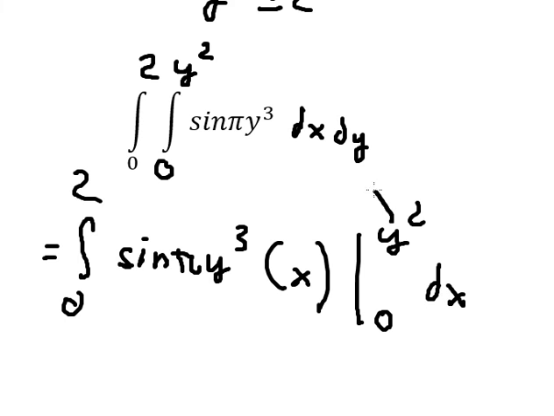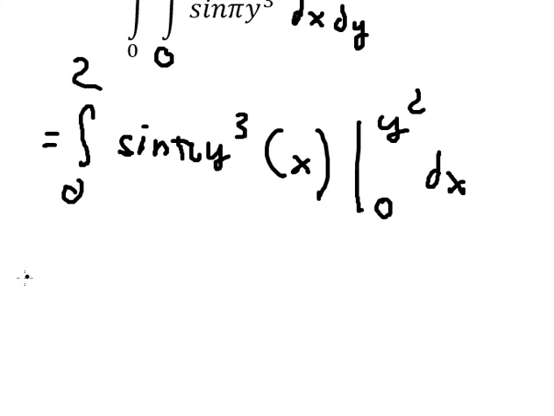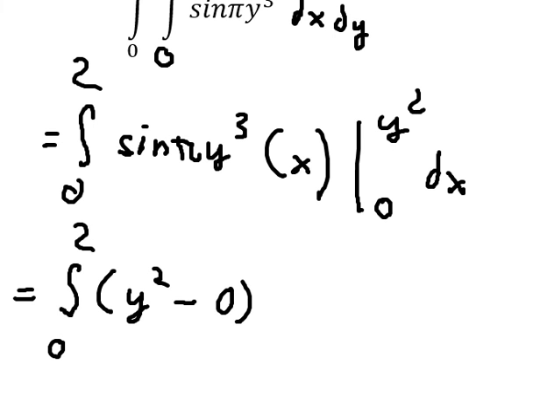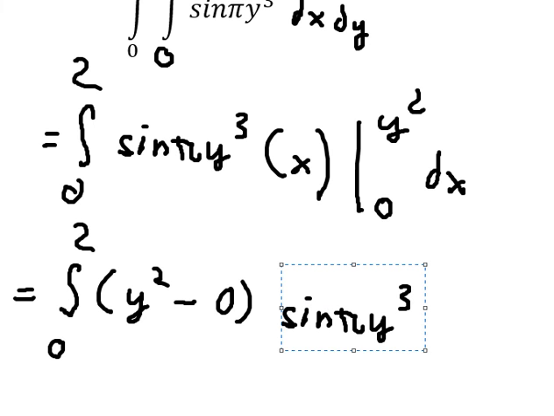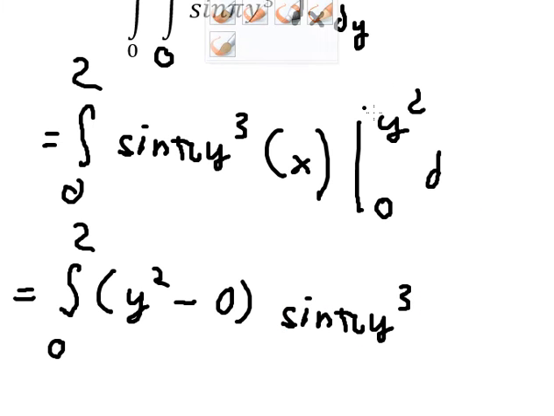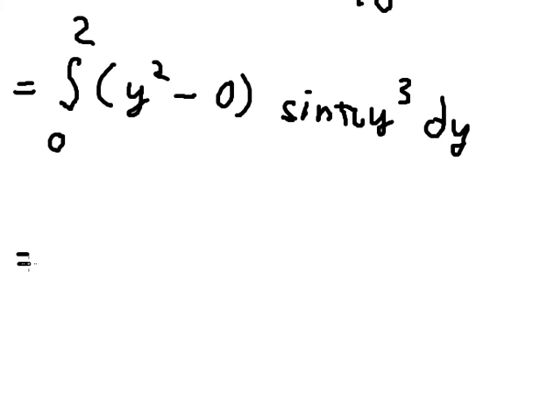So we put y squared in here, number 0 in here, or this is dy, sorry. Now we simplify and we have like this.